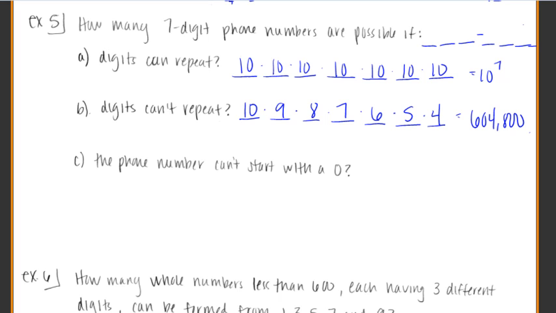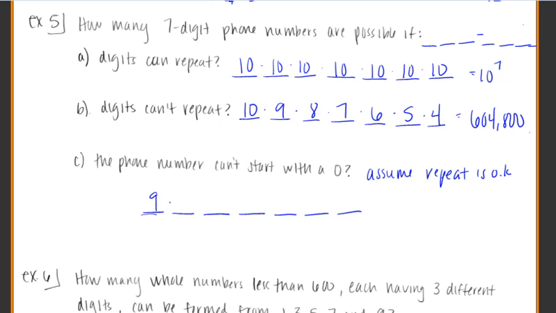Then part C says, what about if the phone number can't start with a 0? Okay, so 1, 2, 3, 5, 6, 7. It doesn't say anything about not repeating, so we're going to assume we can repeat. Let's write that down: assume repeat is okay. Let's go to that first slot. Always start with the first. If I can't start with a 0, that means I can only go 1 through 9, so I have 9 options.